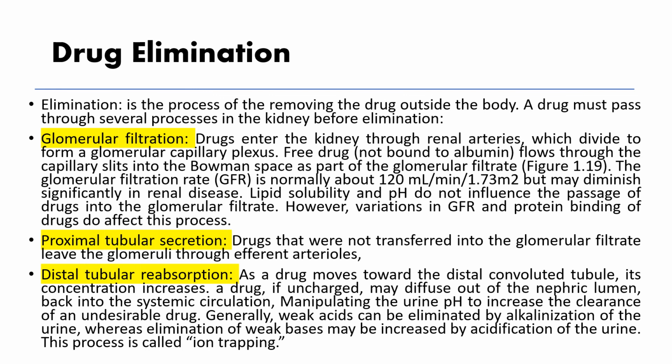A drug, if uncharged, may diffuse out of the nephric lumen back into the systemic circulation, so we manipulate the urine pH to increase the clearance of an undesirable drug. Generally, weak acids can be eliminated by alkalinization of the urine, whereas elimination of weak bases may be increased by acidification of urine. This process is also known as ion trapping.